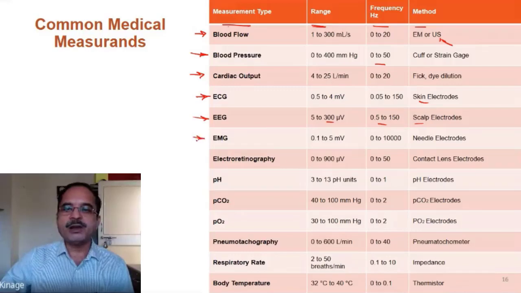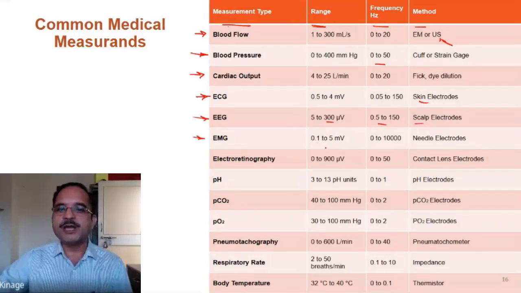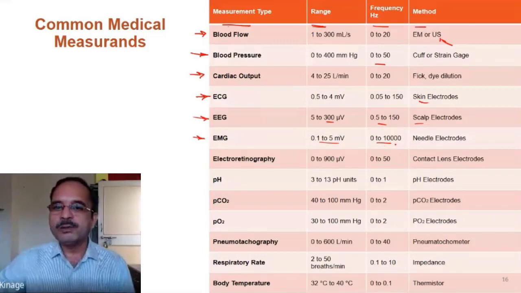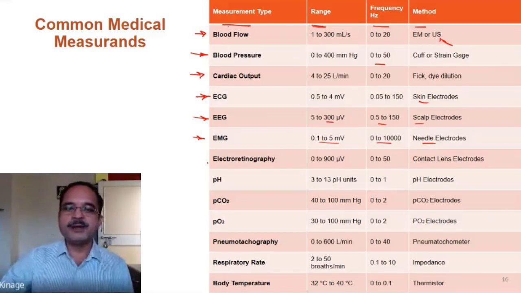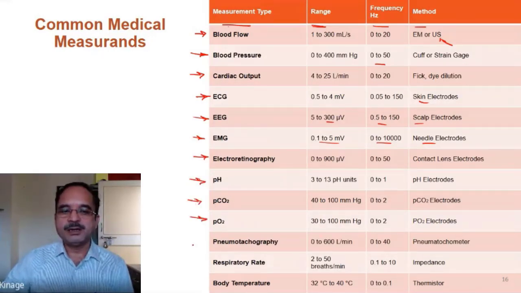EMG, electromyograph, related to the muscles. Voltage range is 0.1 to 5 millivolt, and the frequency is 0 to 10,000 hertz. Needle electrodes are used for measurement. Then electroretinography, then pH, then carbon dioxide, oxygen, pneumotachography.